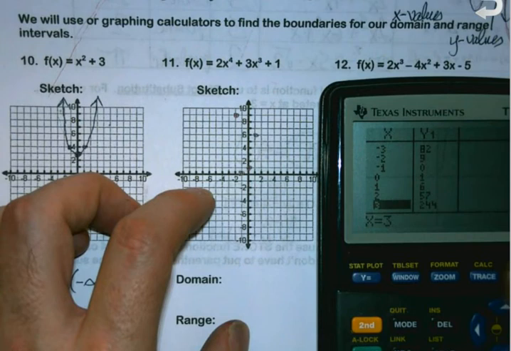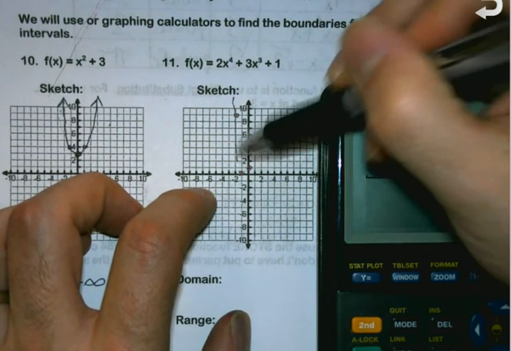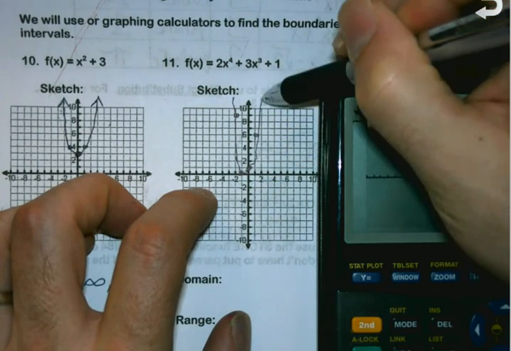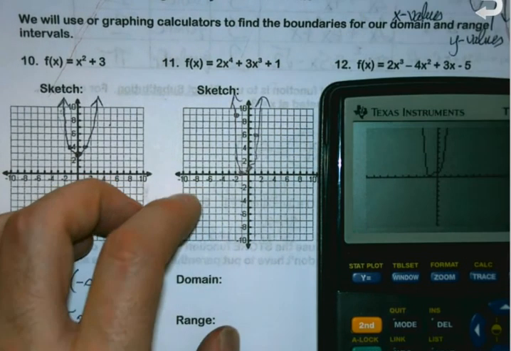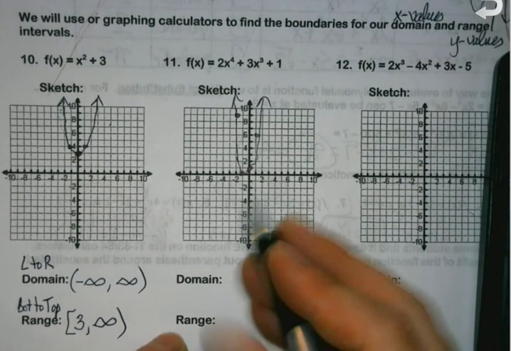So I'm just going to come back here for a minute. I want to get an idea of what this is going to look like. Okay, again, not looking for complete perfection because you're going to start noticing a pattern develop with these. What's my domain going to be? Negative infinity to infinity.